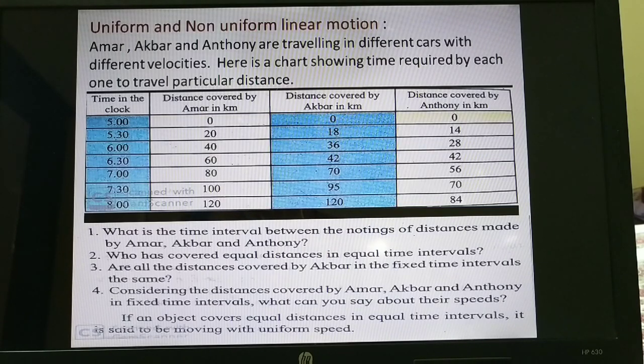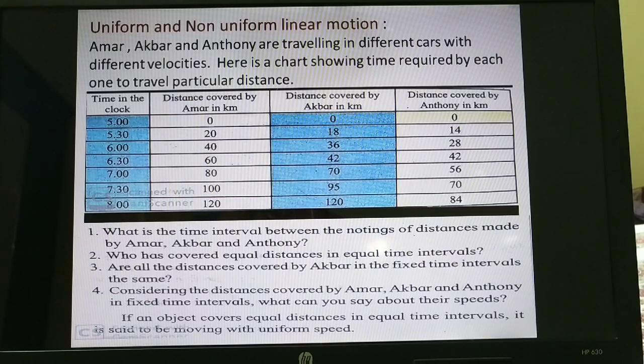Yes, Amar was traveling with the same speed continuously. That means after every half an hour he was found 20 kilometers further, covering 20 kilometers while keeping the speed the same. That means his speed was continuously the same.